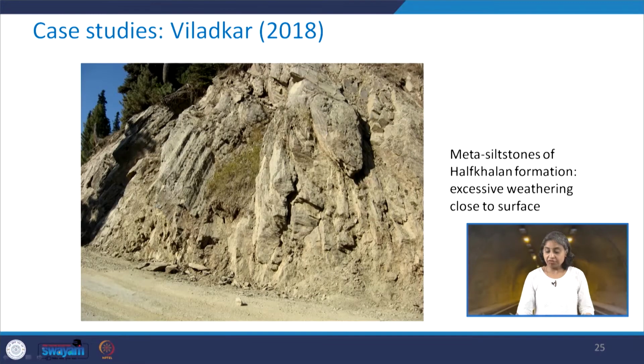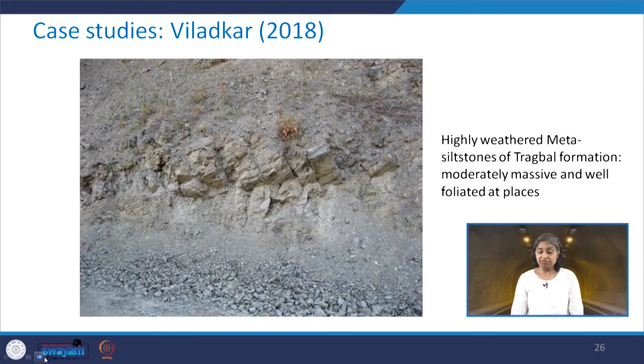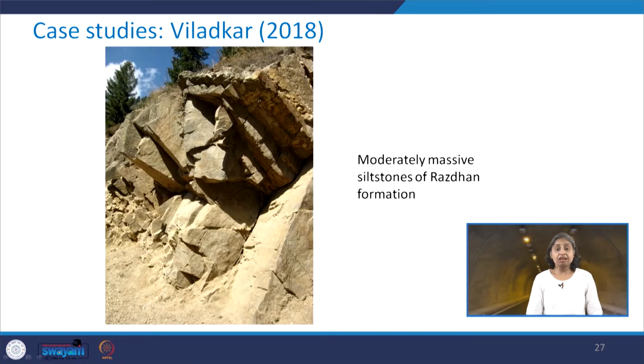Now, for the Hafkalan formation, it was the meta siltstone, and this is how it looked like, and you can see that there is the excessive weathering close to the surface. Then this is highly weathered meta siltstones of Tragbal formation. So, these are moderately massive and well foliated at some of the places. Then this is related to Razdan formation, and here you had moderately massive siltstones.